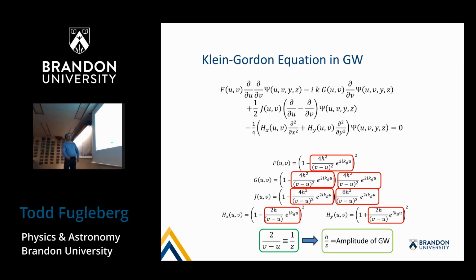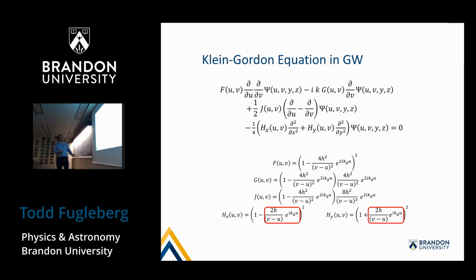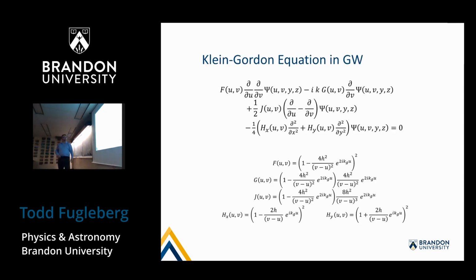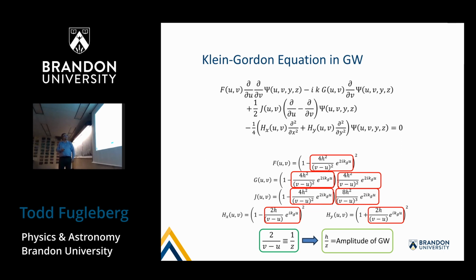These 2 go away, these 2 go away. And basically you can convince yourself that if h is equal to 0, you get back to flat space. So the most important thing to realize is that these are the effects of the gravitational wave. And I'm trying to solve that ugly, horrible differential equation.